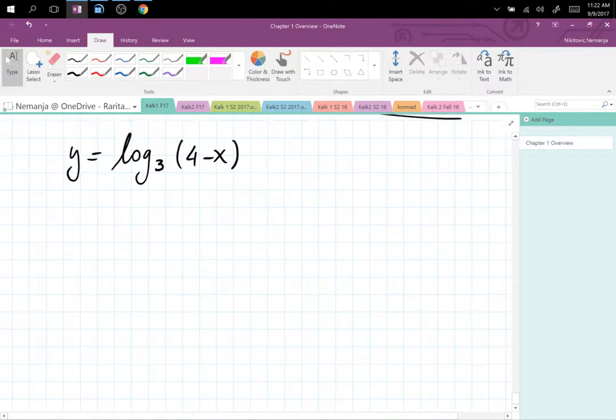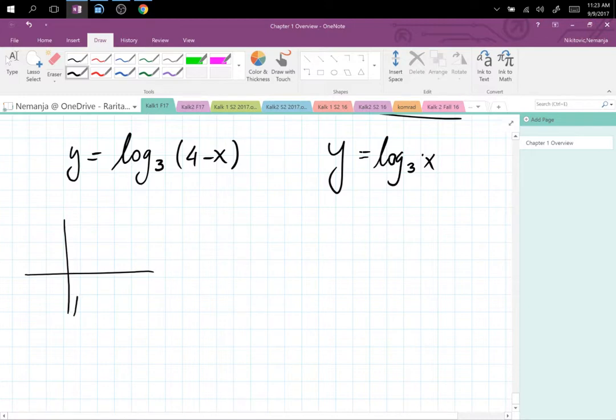So we start with a basic function, log base 3 of x. It goes through 1. We perform the same witchcraft.